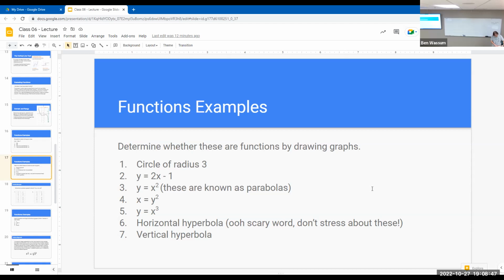I'm never going to remember that. That is not going to happen. So what I'm going to do, I'm going to draw the graphs of these guys really quick. And we are going to look at them and decide whether or not they are functions.